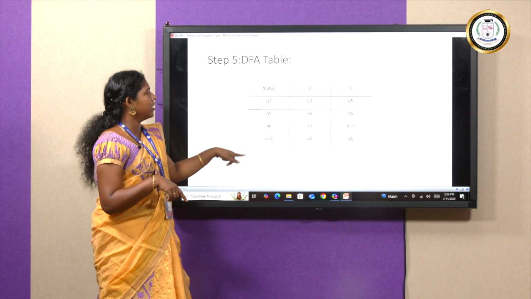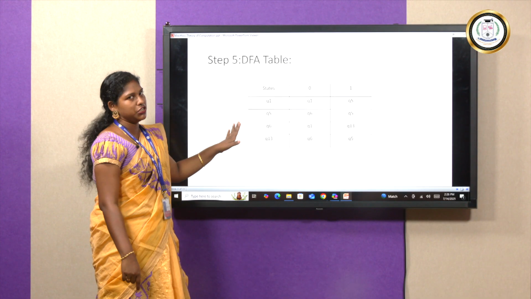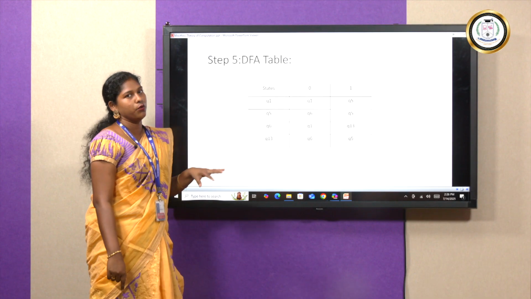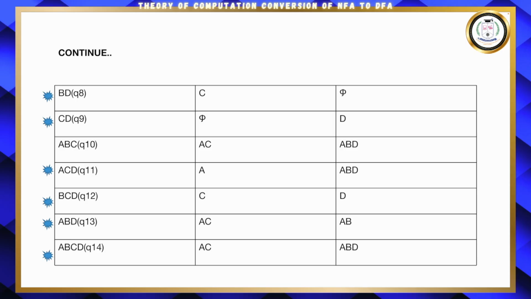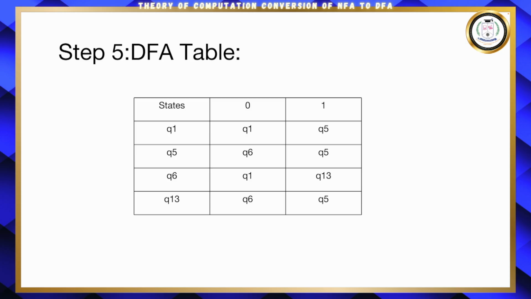Here you mention Q1 is the initial state and Q13 is the final state. Why is Q13 final? Because Q13 has D in it. So in this table also I mark Q13 as a final state.